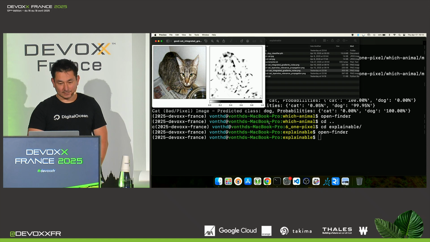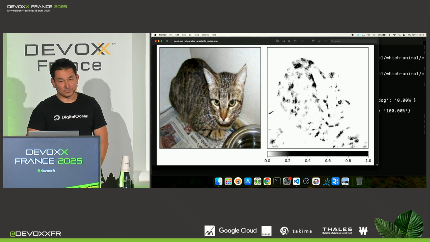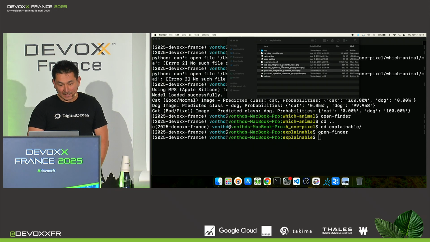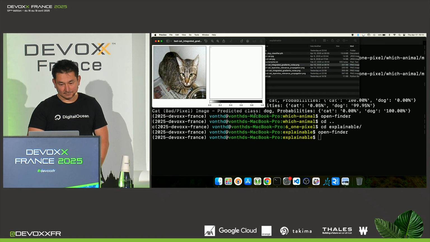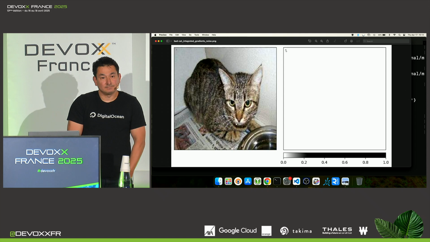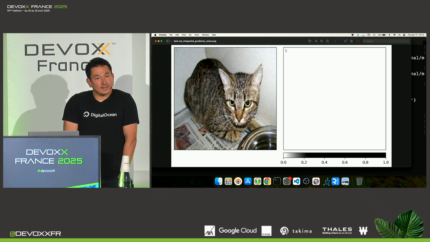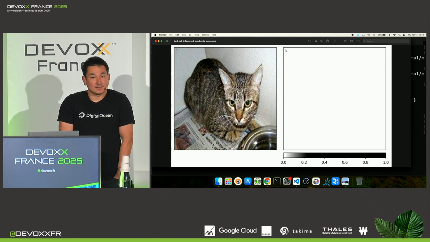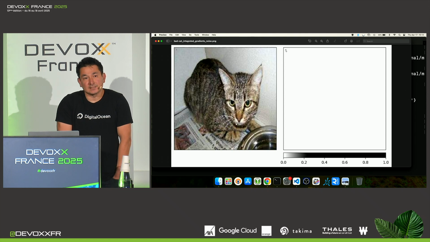Just like we've seen before. Attributes for classifying as a cat. Now if we look at the bad cat, that single pixel is what determined if this thing was a dog. This is the power of Captum and why you want to test your assumptions and actually see what's going on.